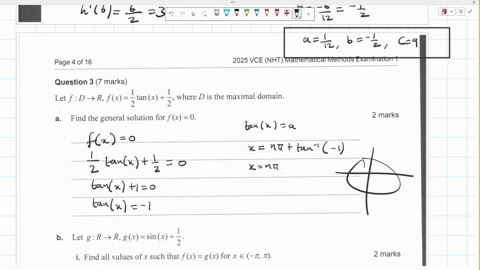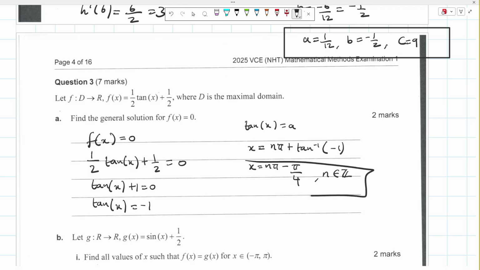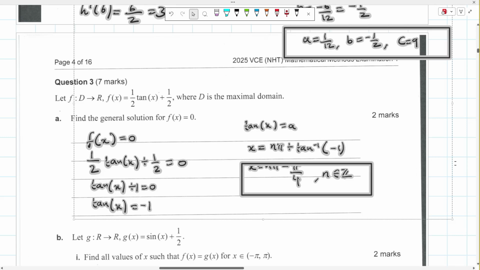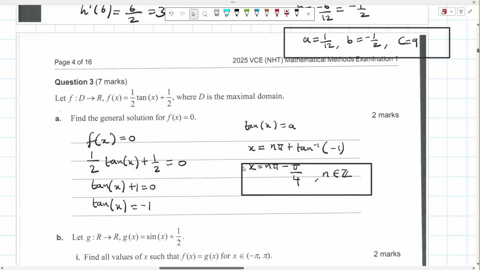Right, so we get this right here. So x is equal to n pi minus pi on 4, where n is an integer. Boom. That's that one done. Right, that's that one done right there. And we'll put a box around it just to show that is our final answer.